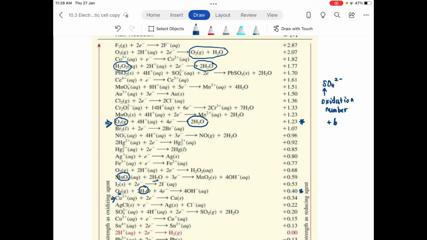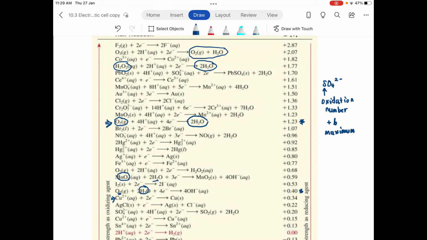So oxidation number of sulfur yang maksimum ialah positive 6. Sulfur ni oxidation number dia yang paling maksimum ialah positive 6 sebab dia ialah elemen dari group 16. So paling maksimum oxidation number yang dia boleh capai ialah positive 6. Jadi dia tak boleh undergoes oxidation lagi. Sebab kalau dia undergoes oxidation lagi, dia akan kena tambah dia punya oxidation number.